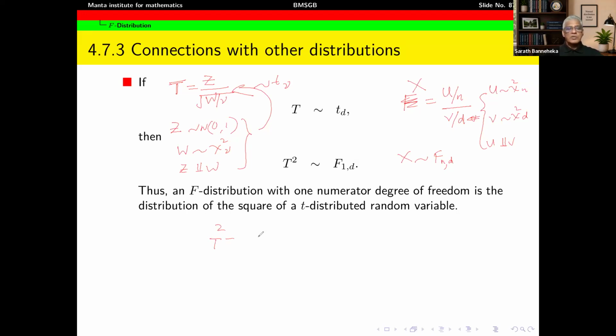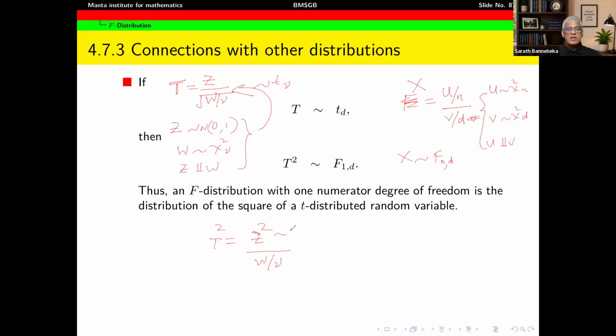Now let's consider this T square. T square is going to be Z square divided by W over nu. Remember that when Z is standard normal, Z square is like a U because it has a chi-square distribution with 1 degree of freedom.